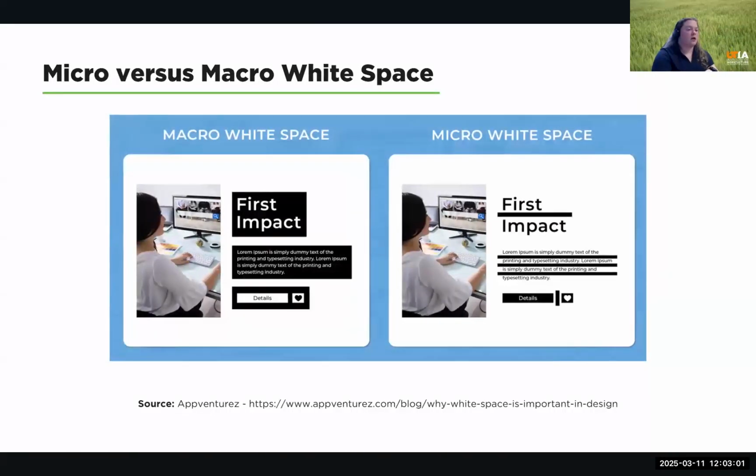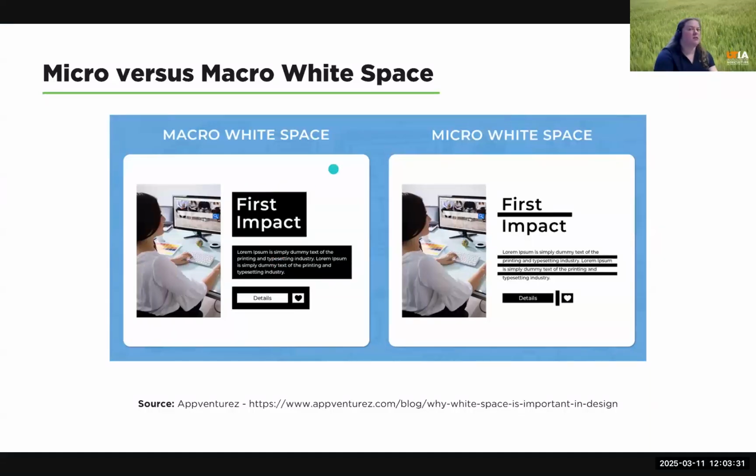So we've talked about positive and negative space, and now specifically about negative or white space. There are both micro and macro white space. Macro white space refers to the space between the larger elements in a design. Again, this is more text-based, but you get the idea.